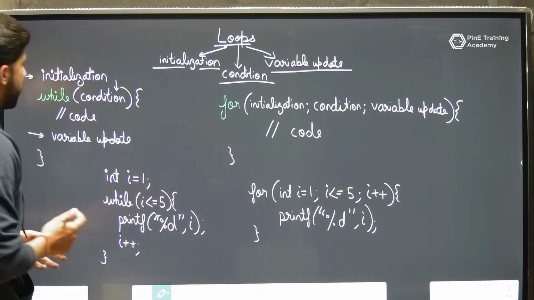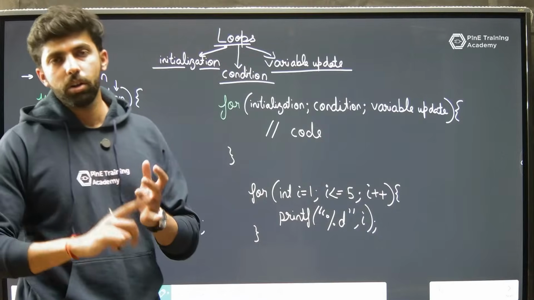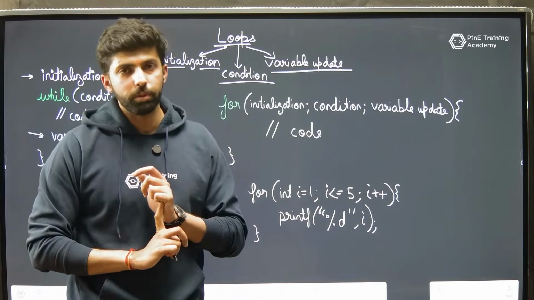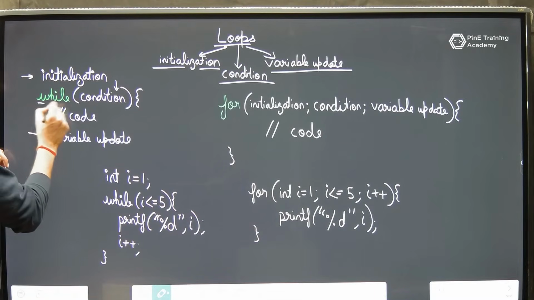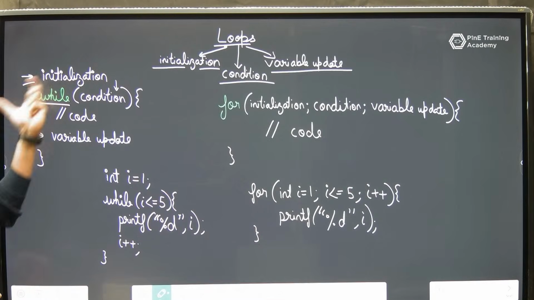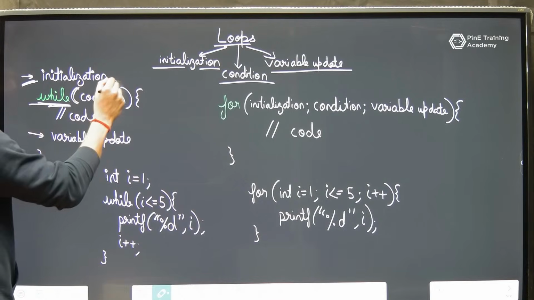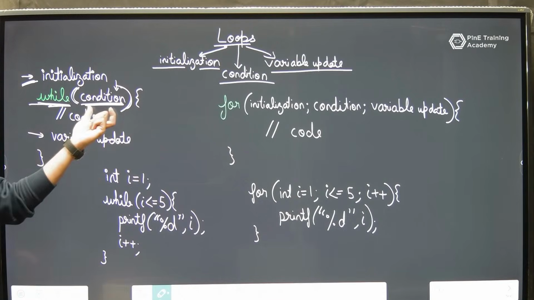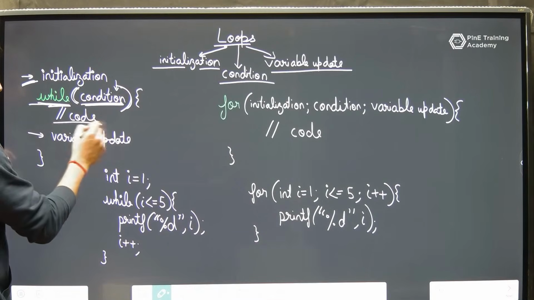So let's look at an example. In C language, we have three types of loops: while loop, for loop, and do while loop. Let's look at while loop first. In case of while loop, before the while loop we do the initialization. Then in the while parenthesis we write the condition.